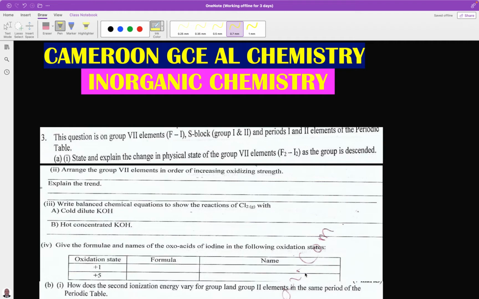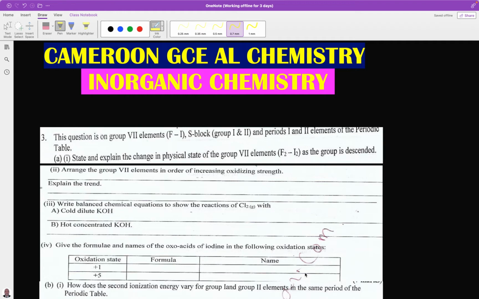Then S block, that is group 1 and 2, then the period 1 and 2 elements of the periodic table. A1. State and explain the change in physical state of group 7, that is fluorine to iodine, as the group is descended.